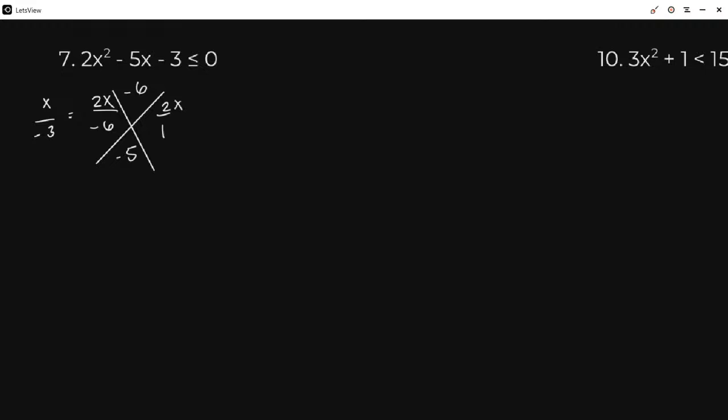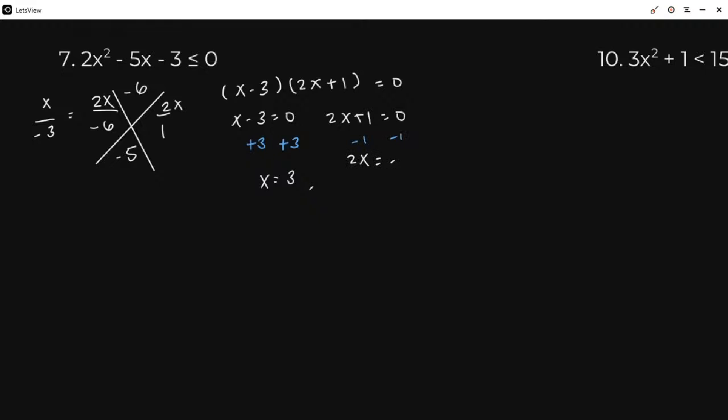So then we get x minus 3 times 2x plus 1 equals 0. So we're going to set each one equal to 0, and we'll get x equals 3 and negative 1/2.